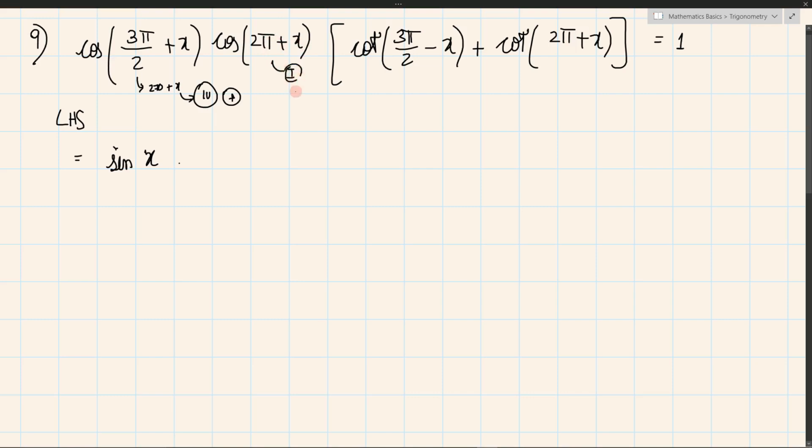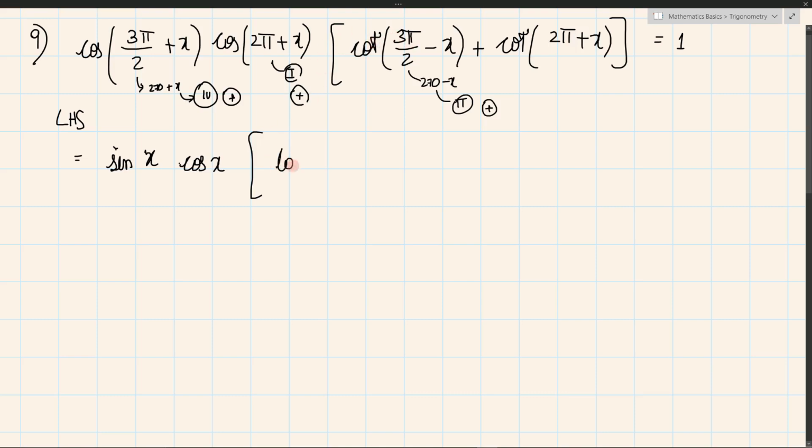So in the first quadrant cos is positive. So we'll have cos x multiplied by cot of 3 pi by 2 minus x. So this is 270 minus x, which is obviously in the second quadrant. In the second quadrant, cot and tan are positive.